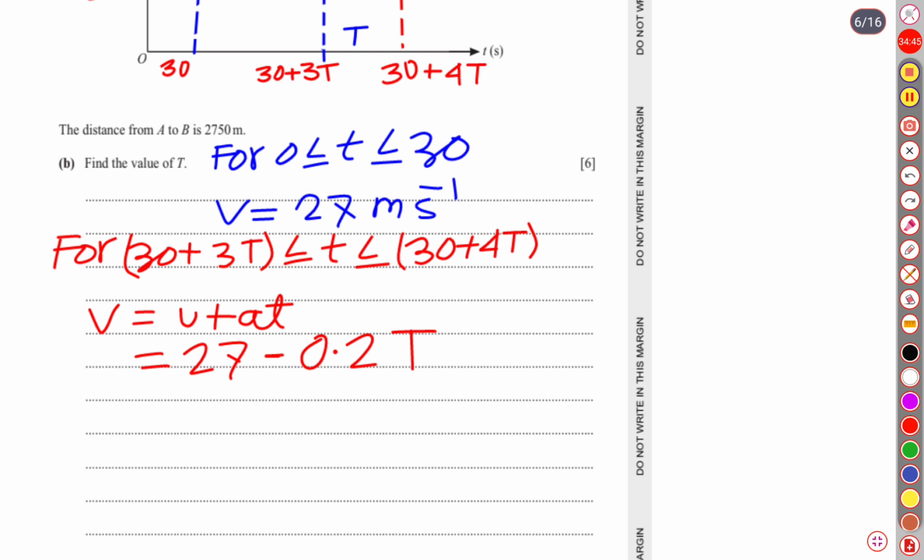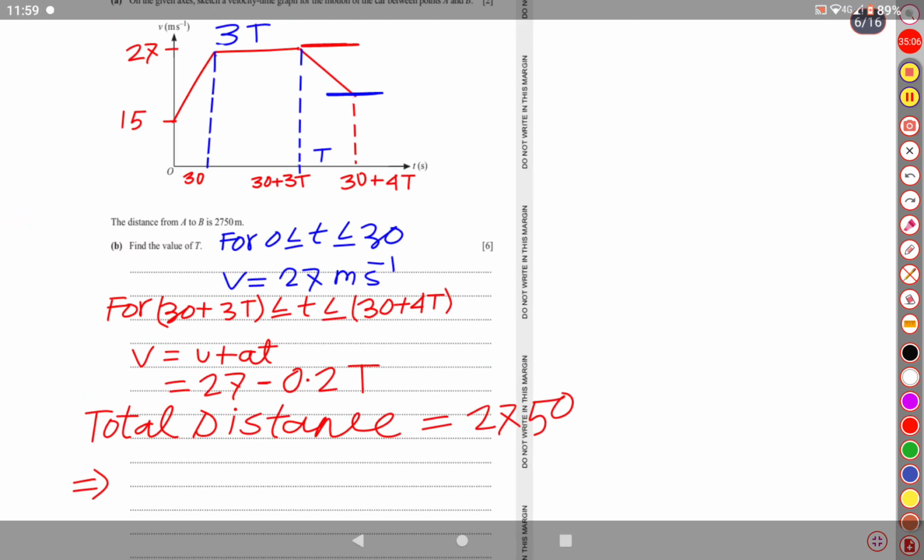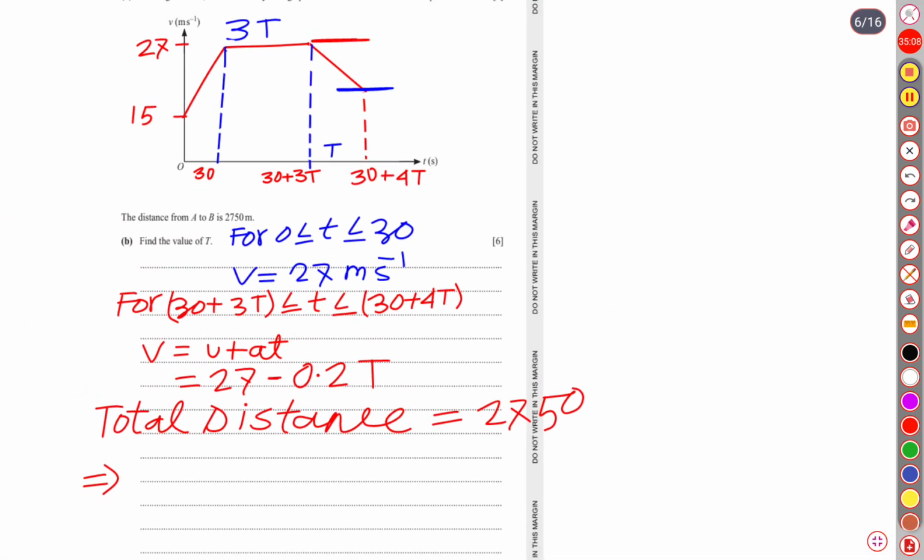Now we can apply the concept of distance. So total distance is equal to 2750 meters. For the first phase, if we see carefully, we'll find the first phase is a trapezium.